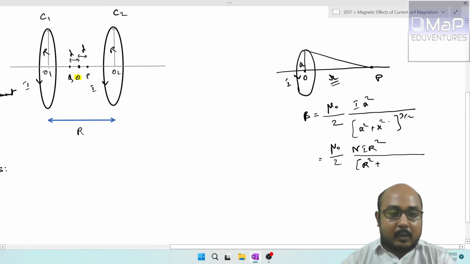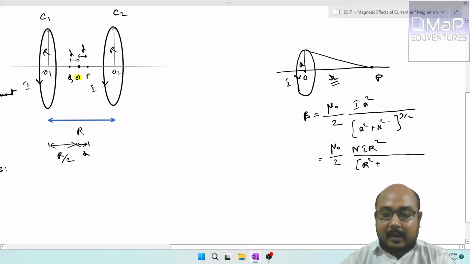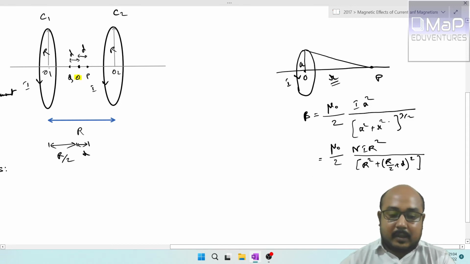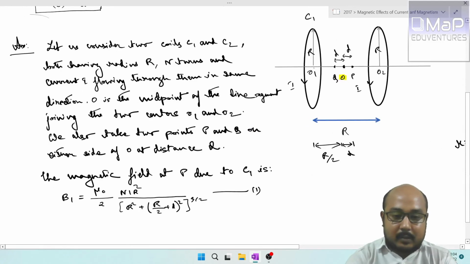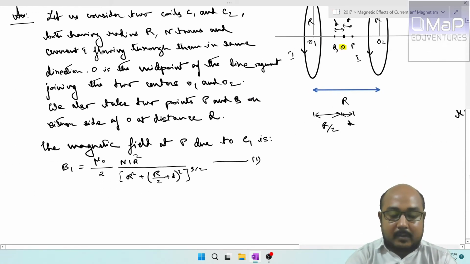The distance from O1 to O is r by 2, and from O to P it is d, so obviously in place of r we get r by 2 plus d, whole square. We simply write r by 2 plus d in place of r, and the power 3 by 2 above remains unchanged. This is how we have arrived at equation number 1.